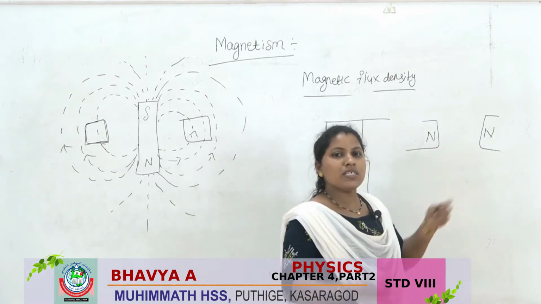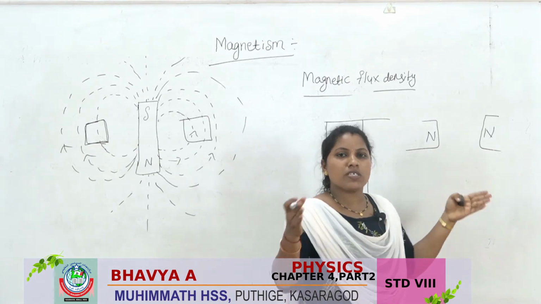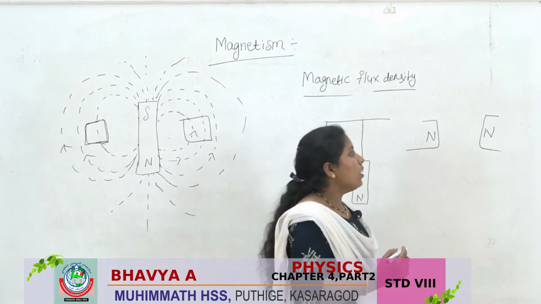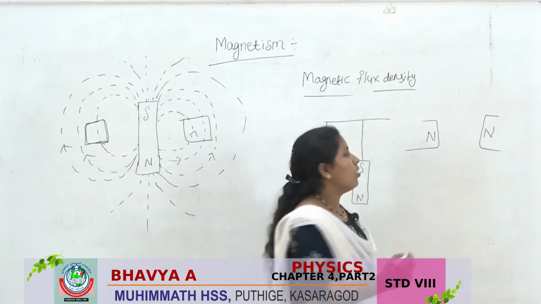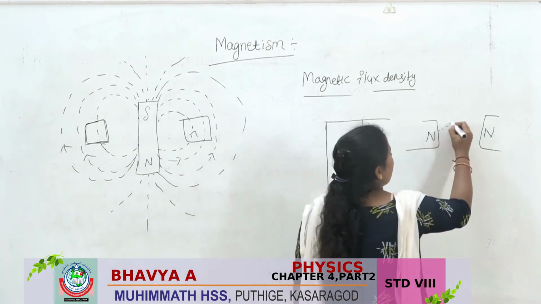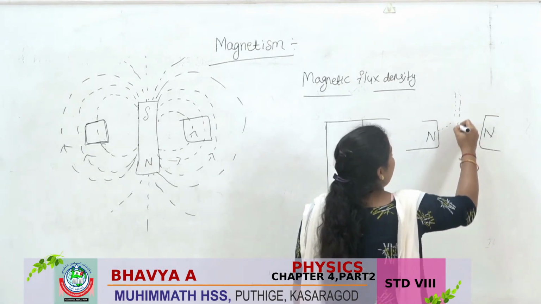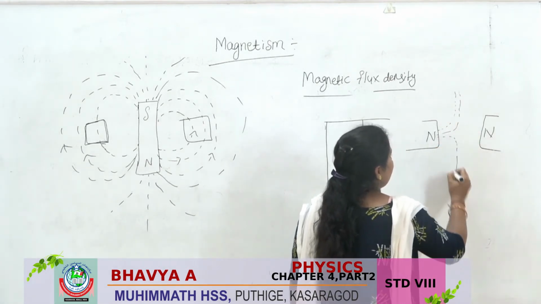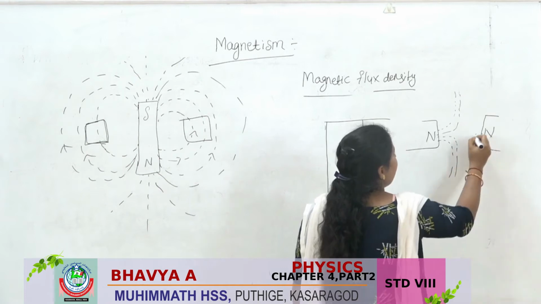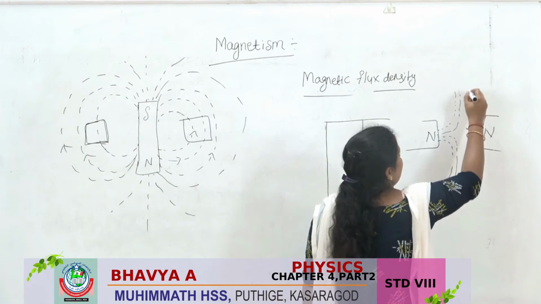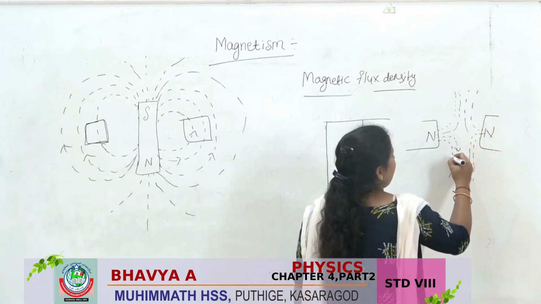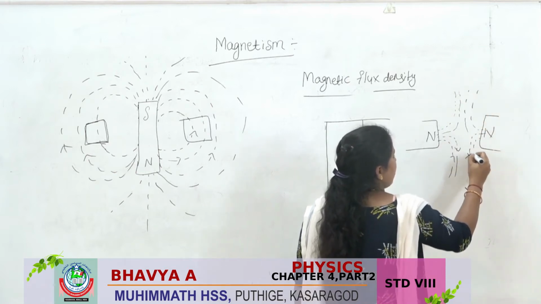Between like poles repulsion takes place, not attraction. So how are the magnetic field lines experienced here? The magnetic field lines bend sideways in this direction.